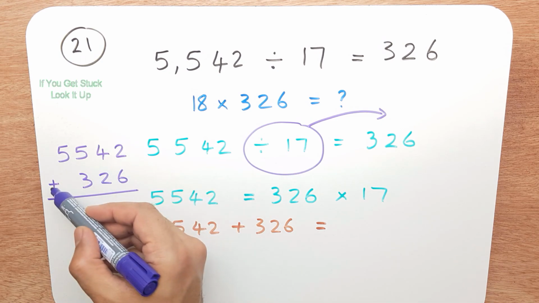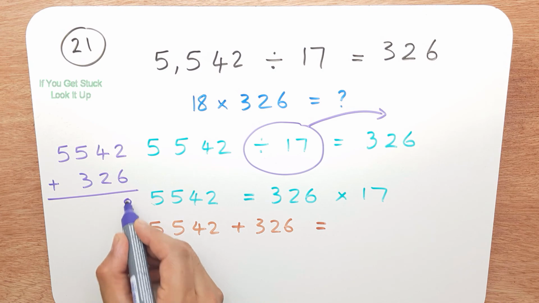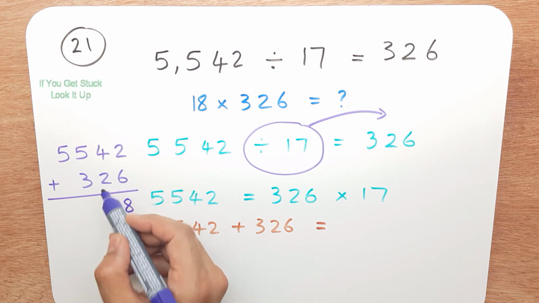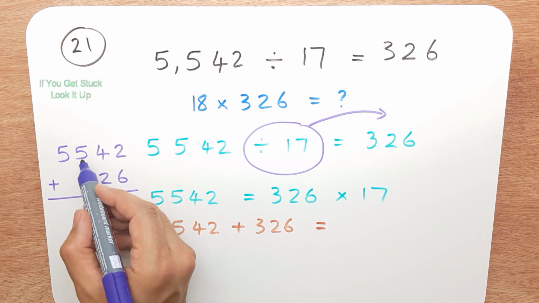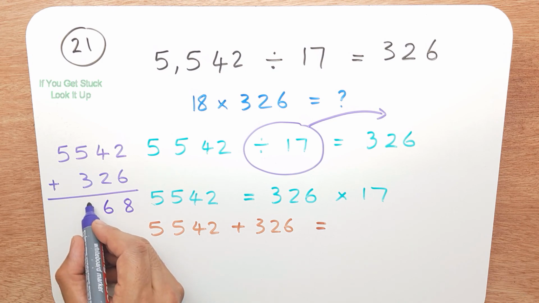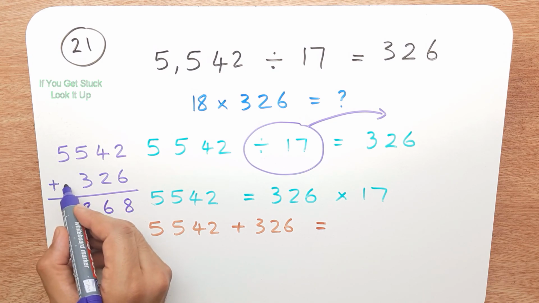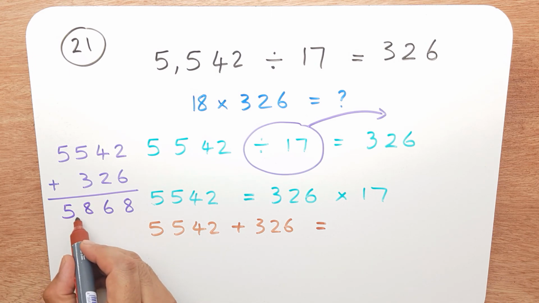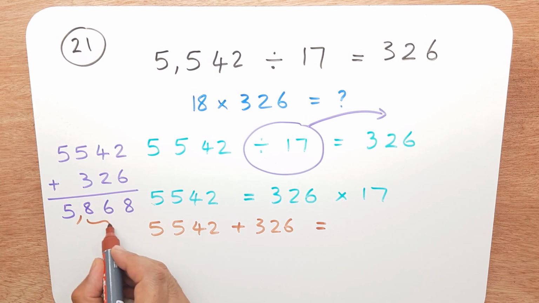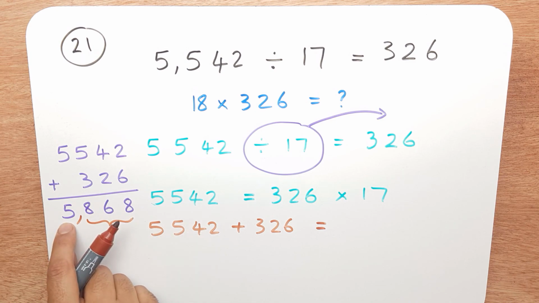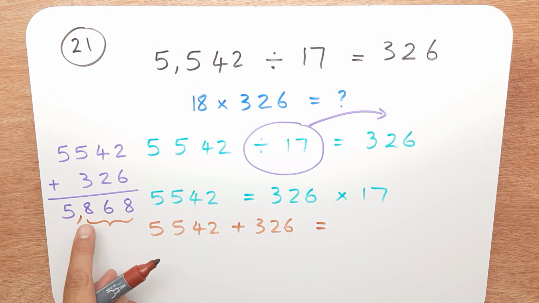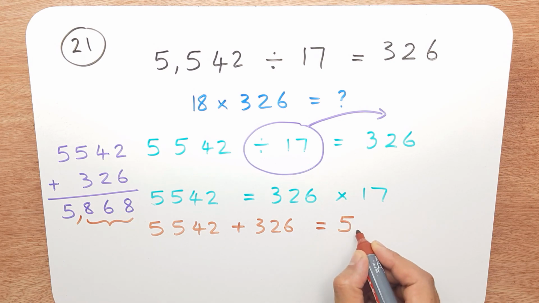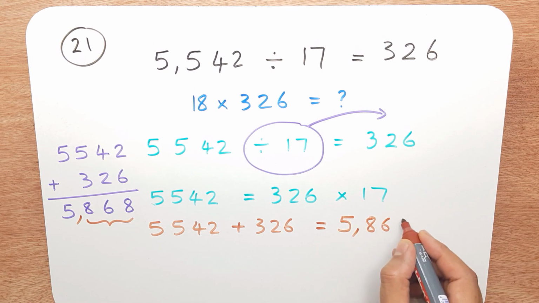So 2 add 6 is 8, 4 add 2 is 6, 5 add 3 is 8, 5 add nothing is 5. As before, 1, 2, 3, comma. So this is our thousands. So it's 5,868.